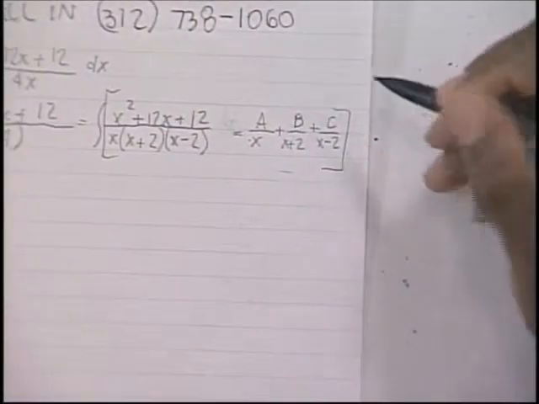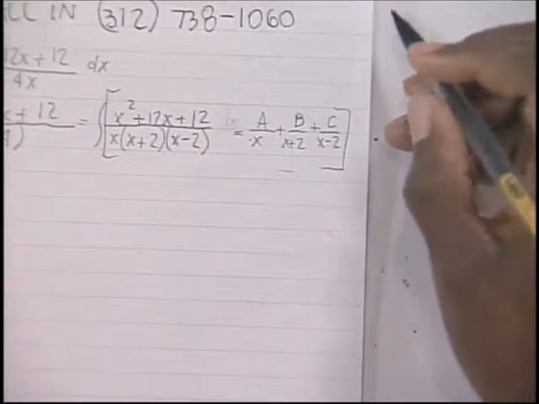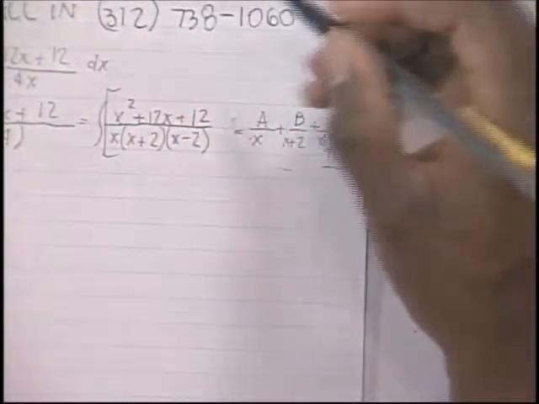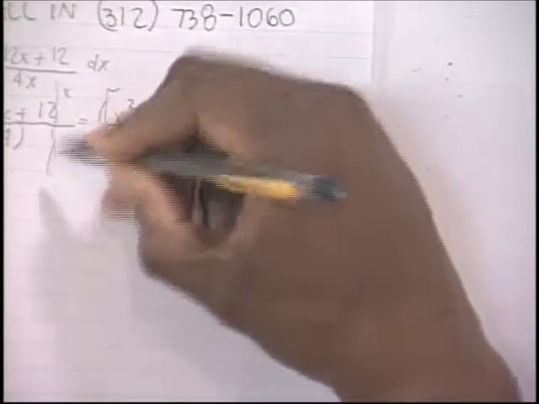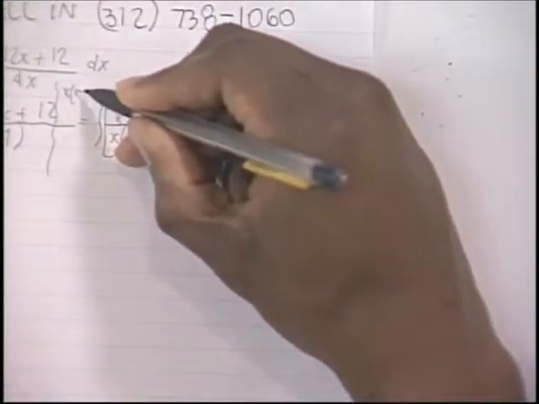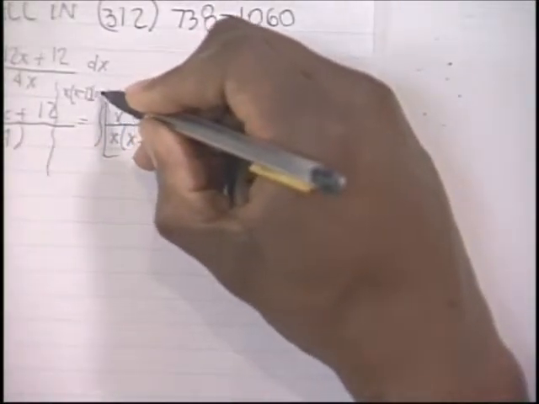Let's multiply all of this by the least common denominator of x times x minus 2 times x plus 2.